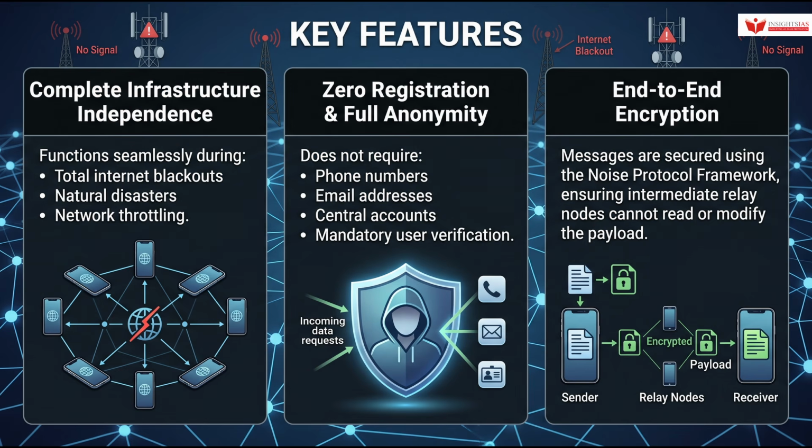Now, coming to the key features of BitChat. There's complete infrastructure independence. It functions seamlessly during total internet blackouts, natural disasters, or network throttling. There's zero registration and full anonymity. It does not require phone numbers, email addresses, central accounts, or mandatory user verification. There's end-to-end encryption. Messages are secured using the Noise protocol framework, ensuring intermediate relay nodes cannot read or modify the payload.